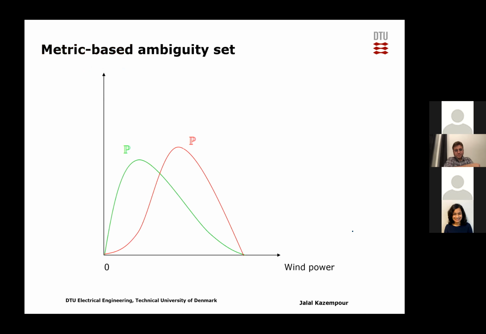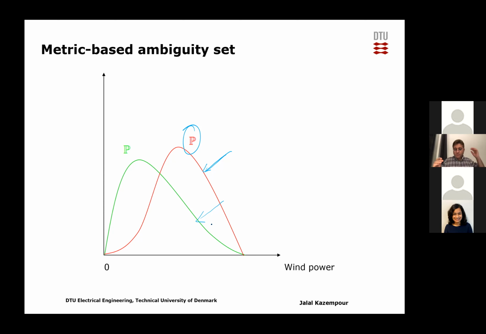What does it mean? Say this is our historical distribution from historical data, but we are not very confident that the red P really is our true distribution, especially if our historical data is limited. So we are interested in building a green distribution P, which is close enough to red P. I'm talking about closeness or similarity.